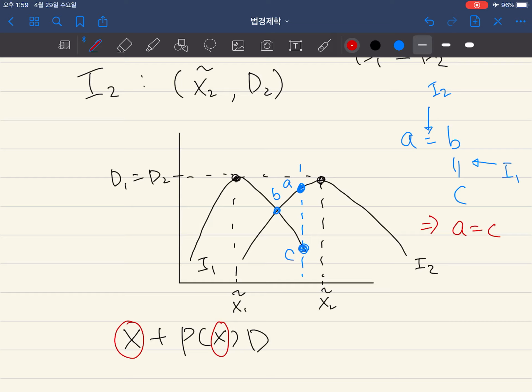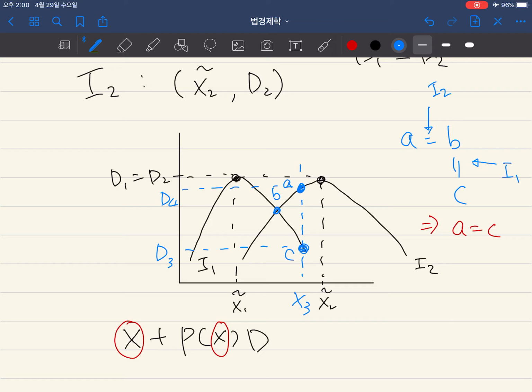Let's say this is x3. Point C is represented by x3, comma, a certain number of D, let's say D3. And point A is represented by x3, comma, D4. As you can see, D4 is bigger than D3.